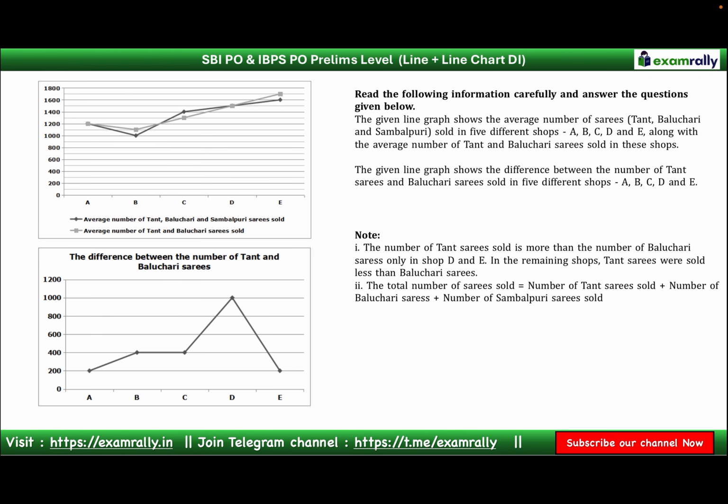Let's move on. In the first line graph given below, they show the average number of sarees, that is 3 sarees, Tan, Baluchari and Sambalpuri, sold in 5 different shops A, B, C, D and E, along with the average number of Tan and Baluchari sarees sold in these shops.